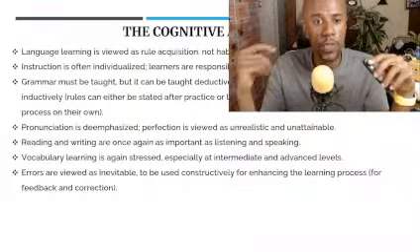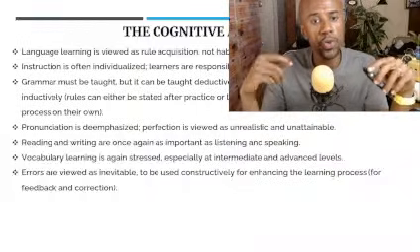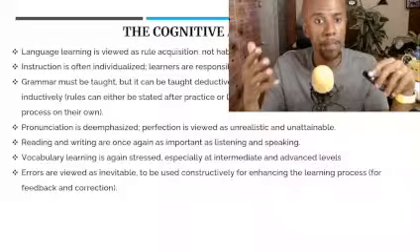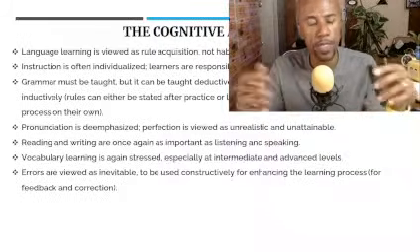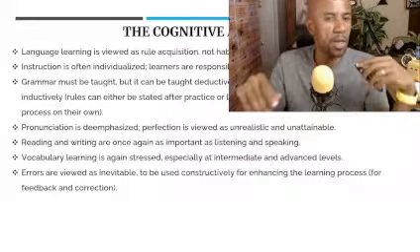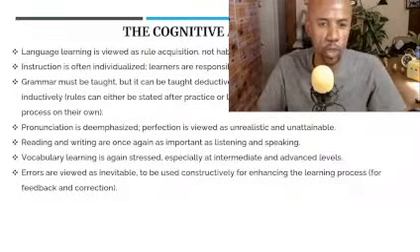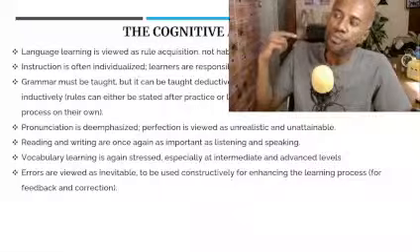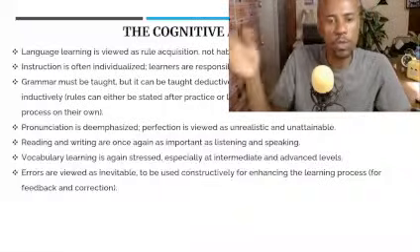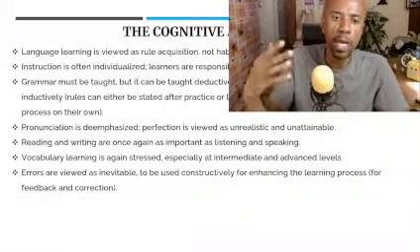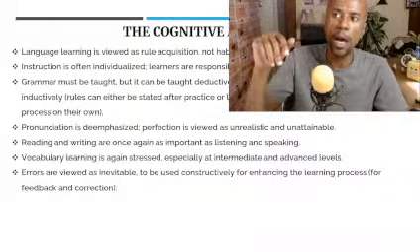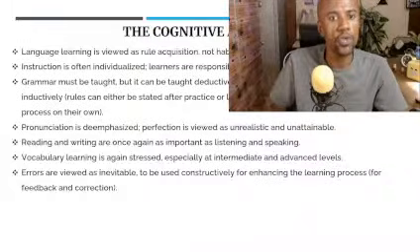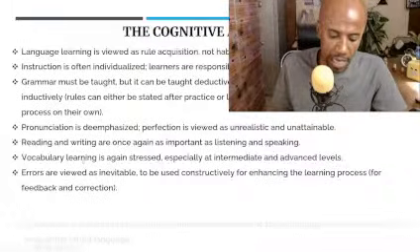Errors are related to your competence. Mistakes are related to your performance. We'll come back to this important distinction between the two, because making the difference between error and mistake can inform a lot of the different methods and approaches and procedures that you use in the classroom, as well as activities.